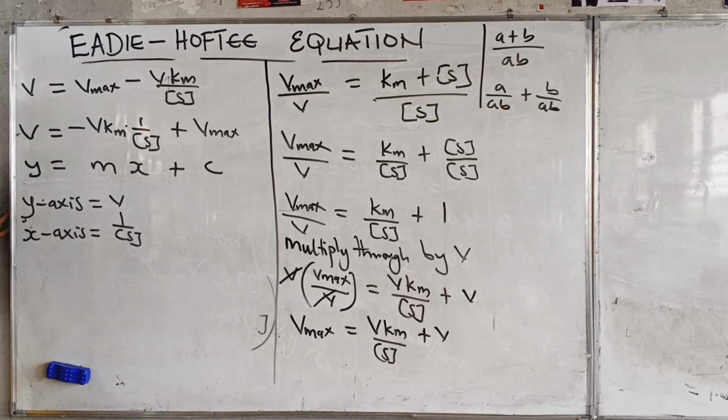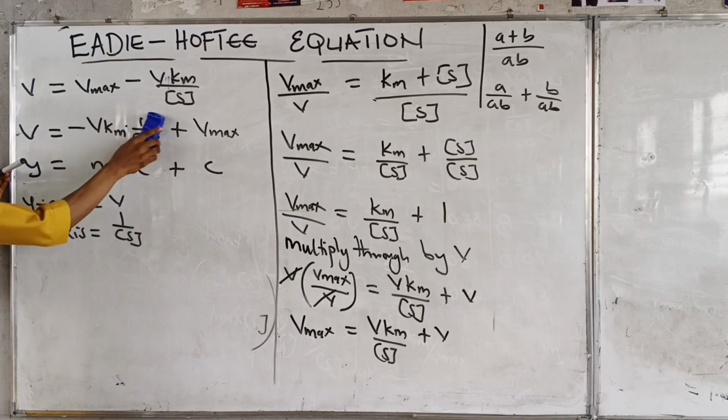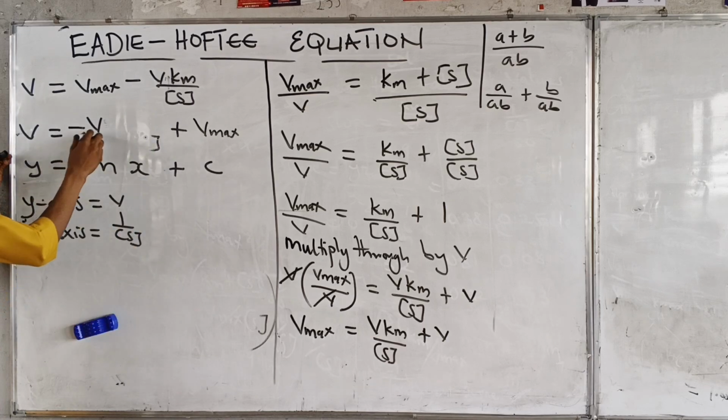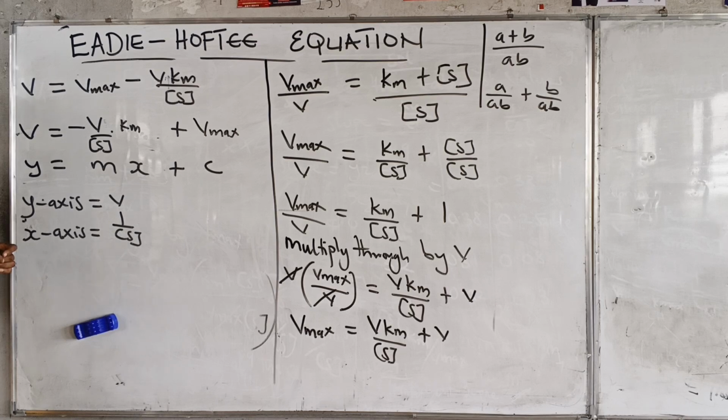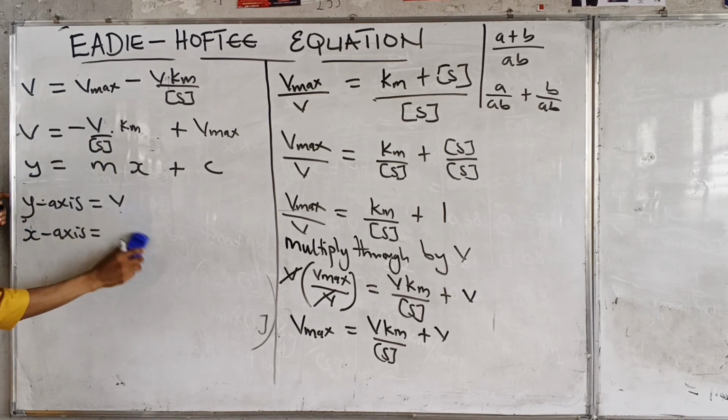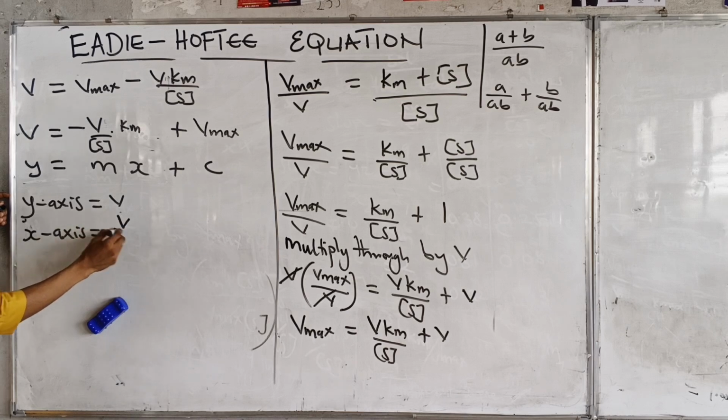V over what? Sorry, V over S then Km. This is supposed to be over S. Km, right? It cannot be over S again. It's not plus. Now, so the x-axis is supposed to be V over what?